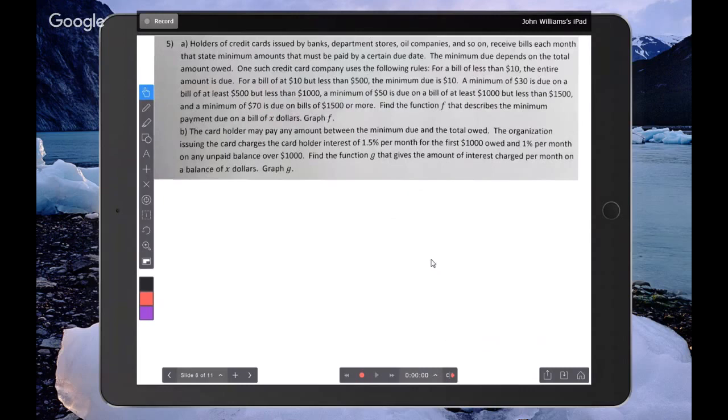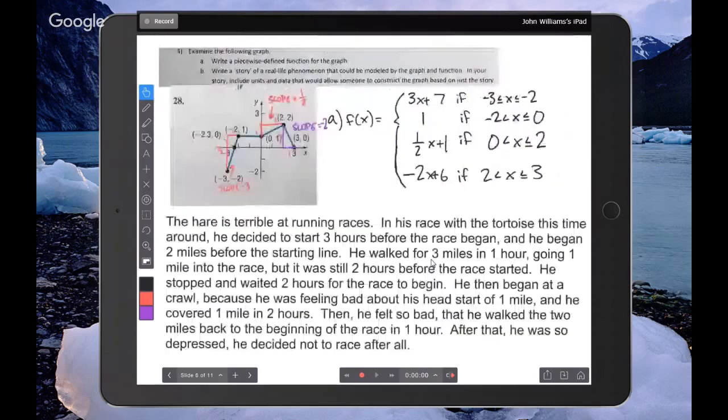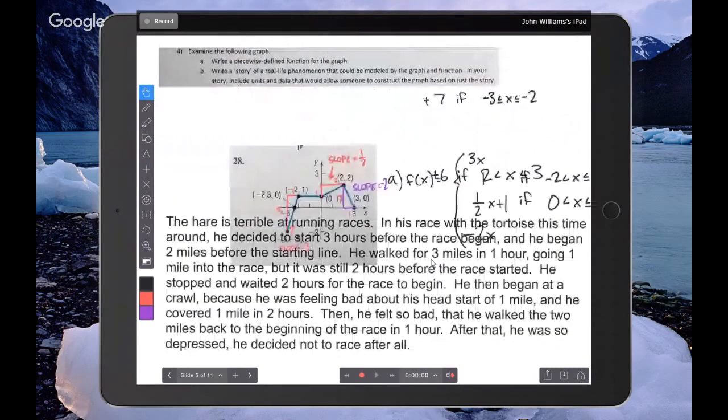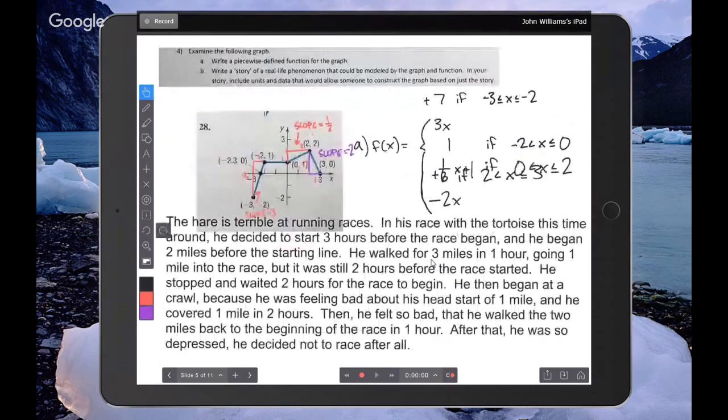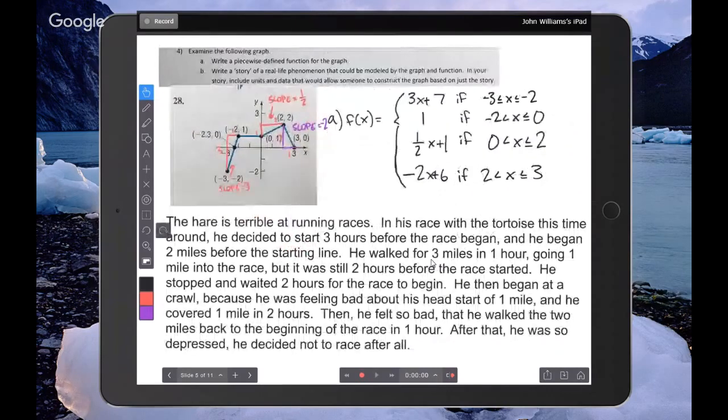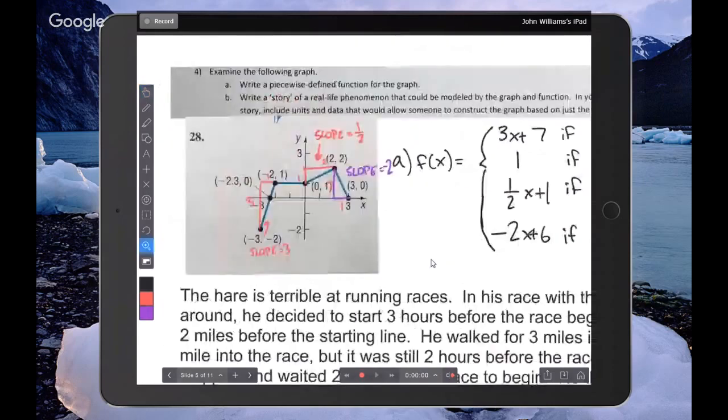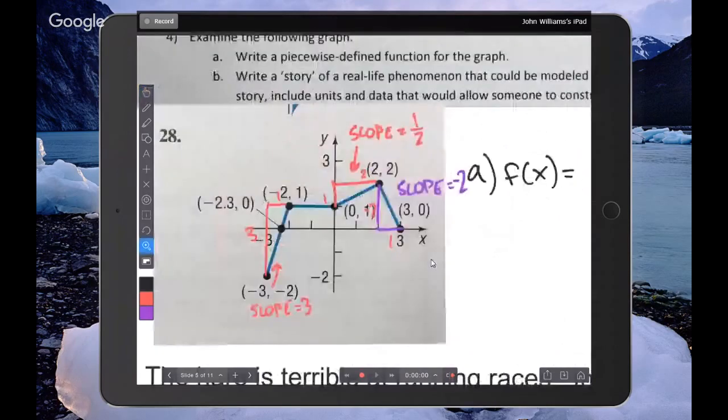Oh, why does the first equation have plus 7? Great question. The first equation has plus 7 because its y-intercept is 7.